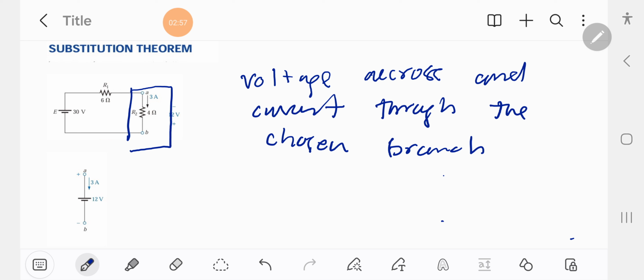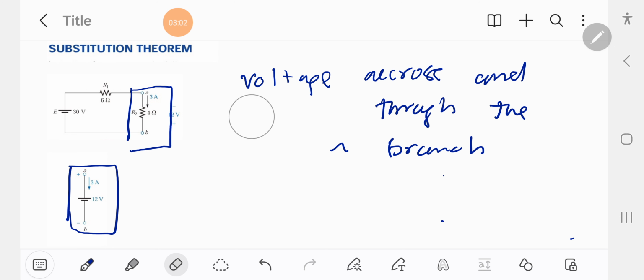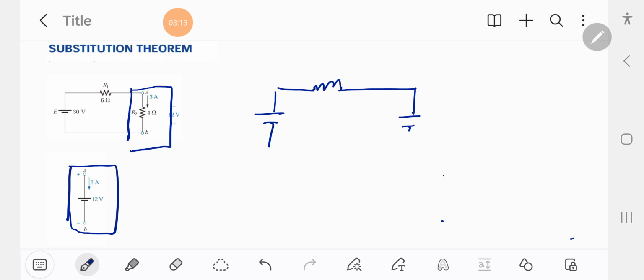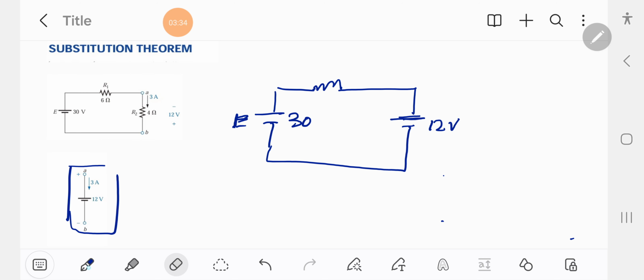So we can replace this branch by this branch, like if we replace this by 12 volt. So let's see if this maintains this specific characteristic of the original circuit.